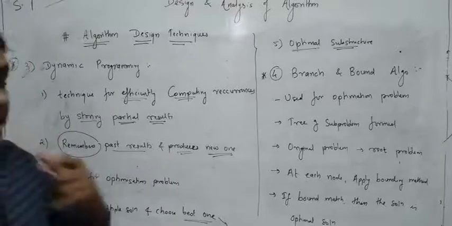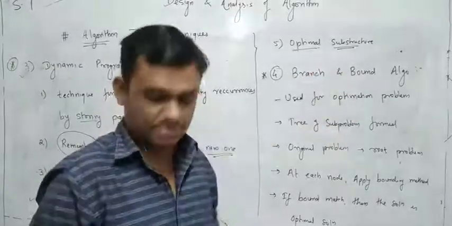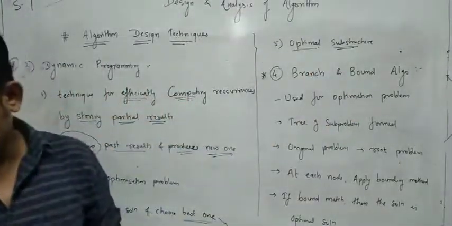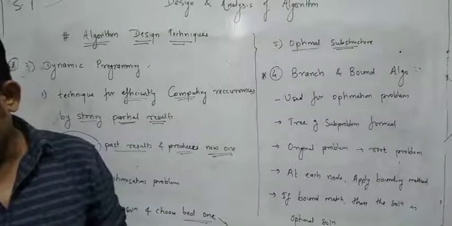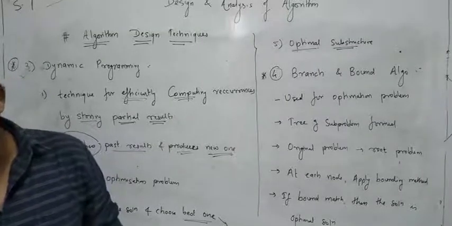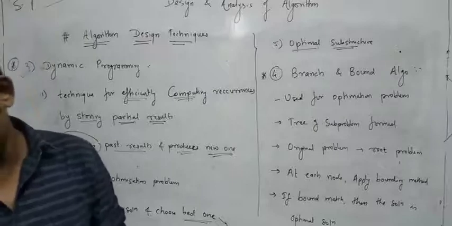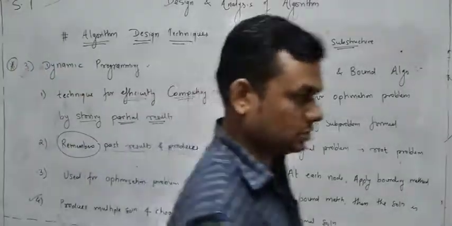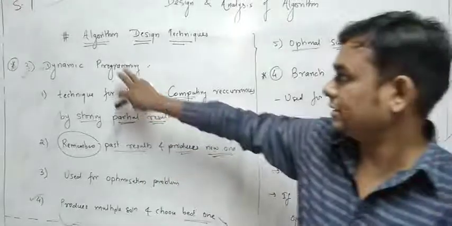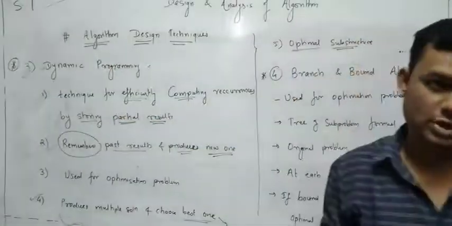That specific concept is called optimal substructure. Optimal substructure means optimal solutions contain solutions to the subproblems. That specific technique is called dynamic programming.